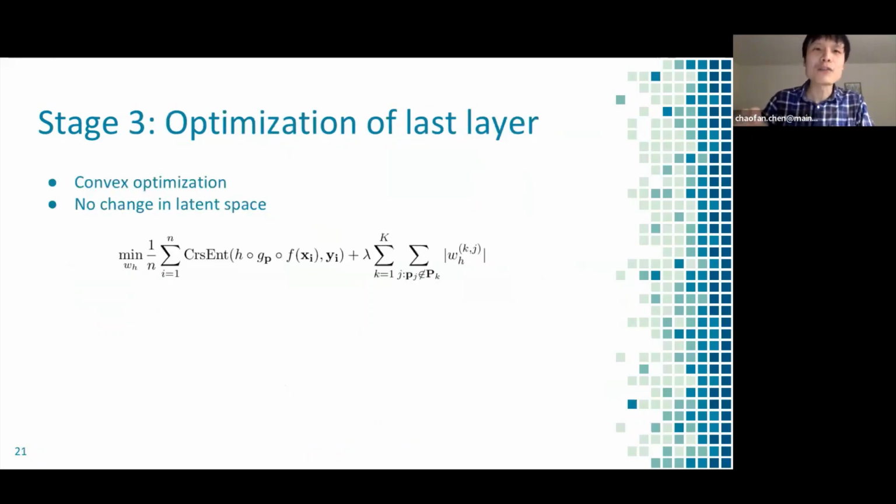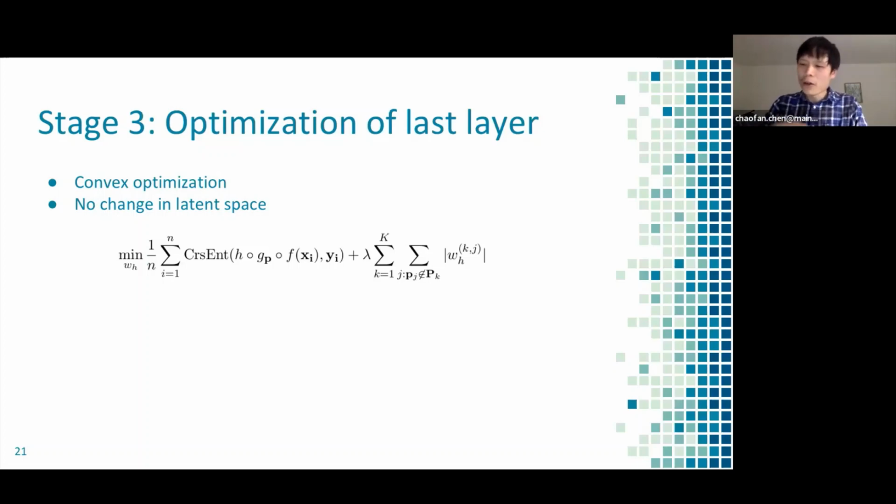And the last stage of training, stage 3, we'll optimize the last layer. So remember that we fixed the last layer in stage 1 to be 1 between a prototype and the class score of its own class, and negative 0.5 between a prototype and all other classes. In the last stage, we'll relax this constraint.